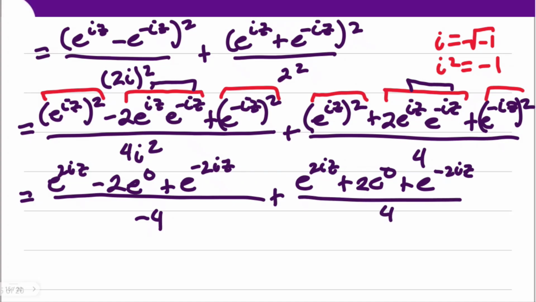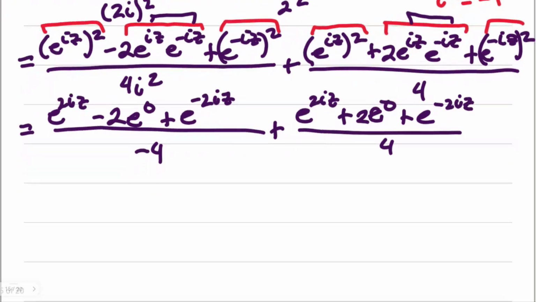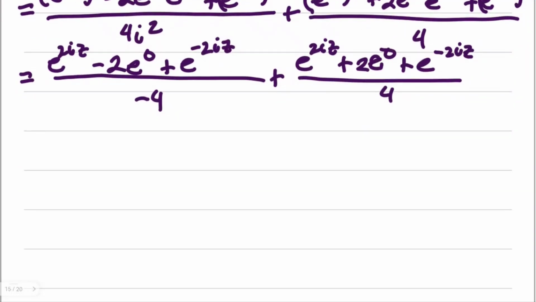So I'm going to do the thing that I mentioned earlier. Instead of 4, I'm going to use negative 4. I'm going to place the negative sign here and then 4 here so that I can combine them later on, having the same denominators. When I place the negative sign in the numerator, make sure that you apply it to all of this at once. Not just the first term is negative, it's the entire expression in our numerator. Hence, it will be written like this: e to the power of 2iz minus 2 e to the power of 0.